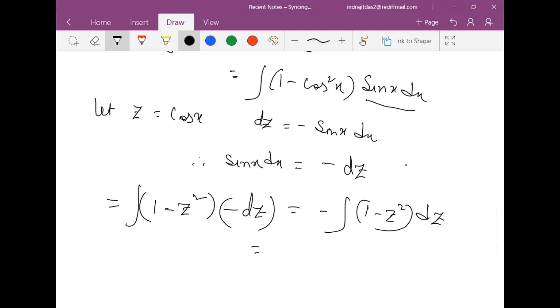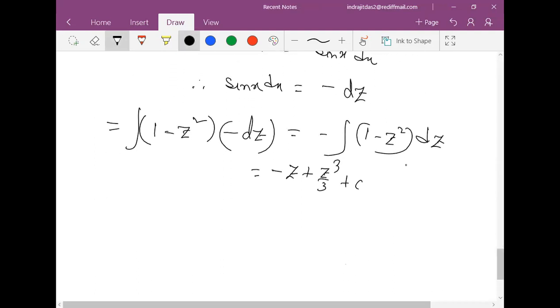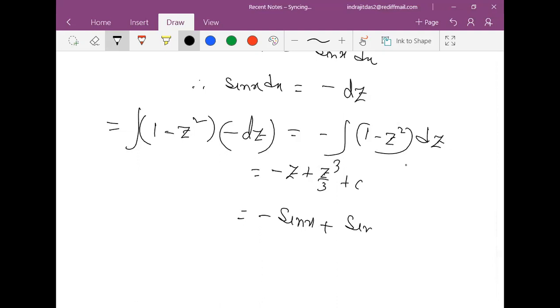Don't do 1 is x because now integration is with respect to z. So it will be minus z, then minus into minus, opening the bracket, it will be plus. Z square will become z cube by 3, plus c. So your answer will ultimately become minus cos x, because cos x was taken as z, plus cos cube x by 3.